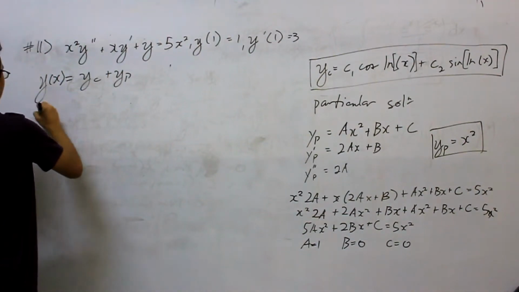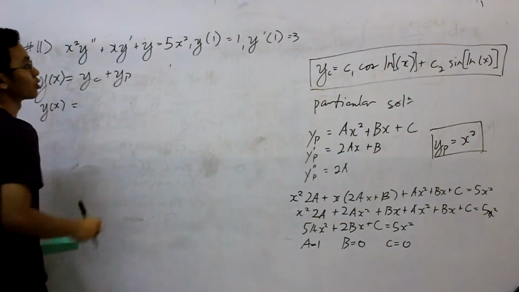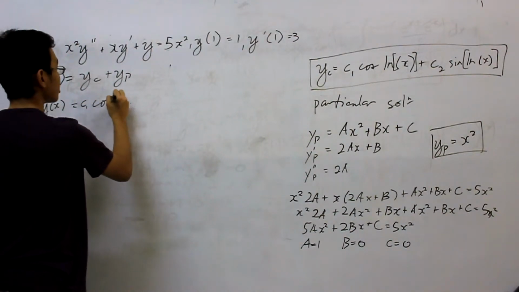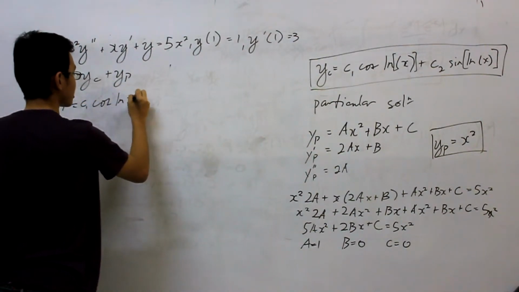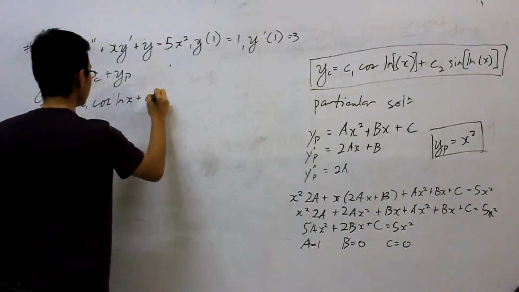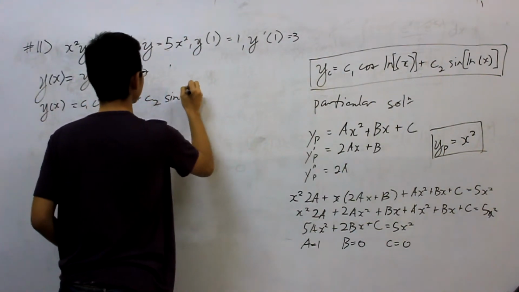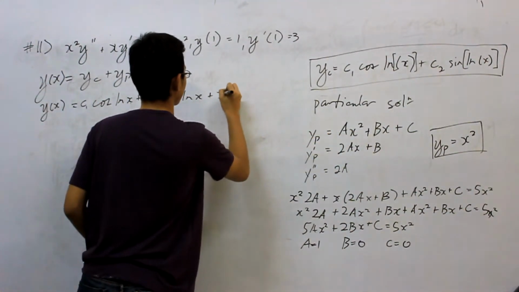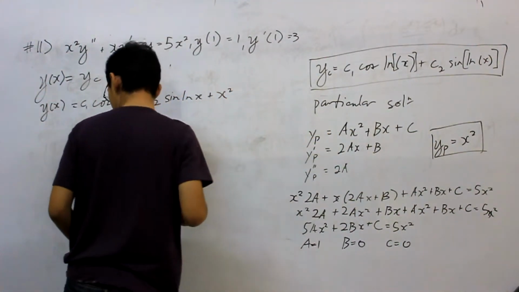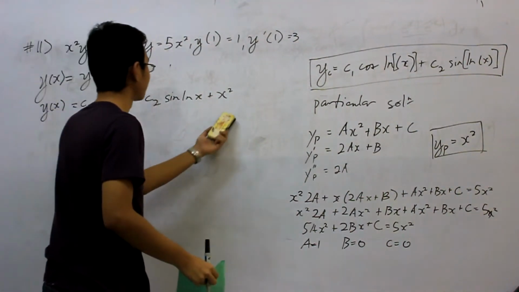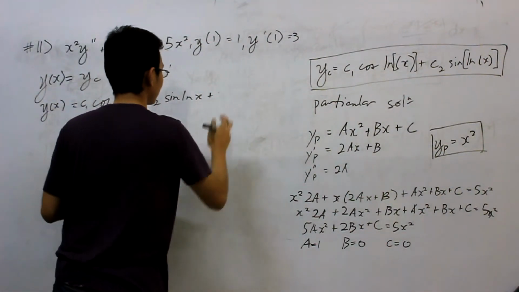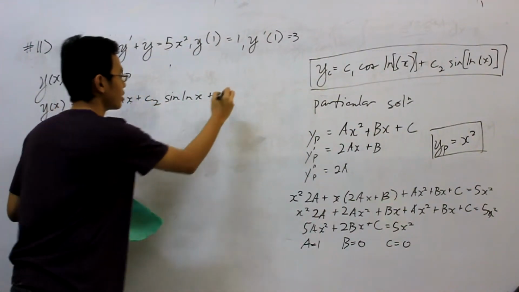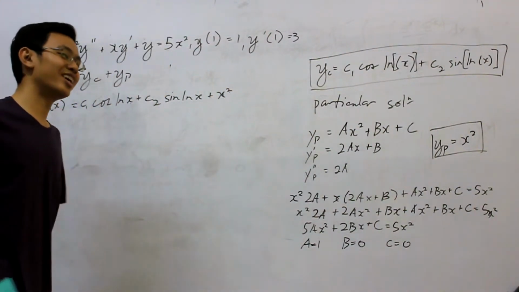So y of x is equal to c1 cosine of ln of x plus c2 sine of ln of x plus x squared. And that's it. But there's more.